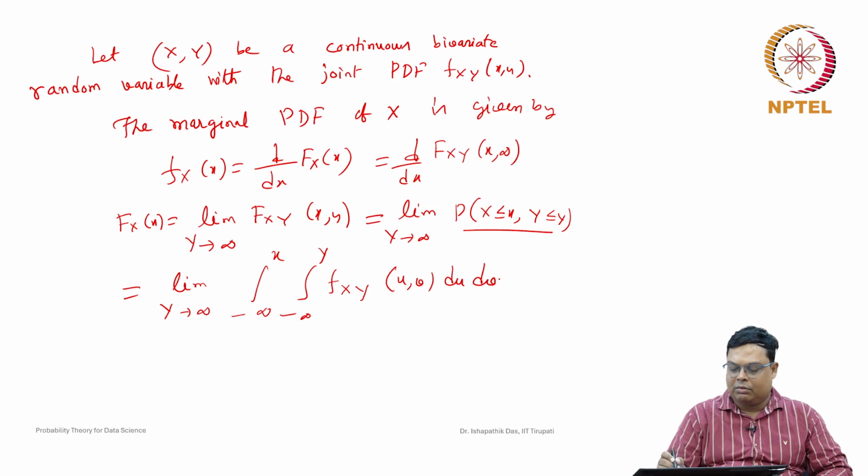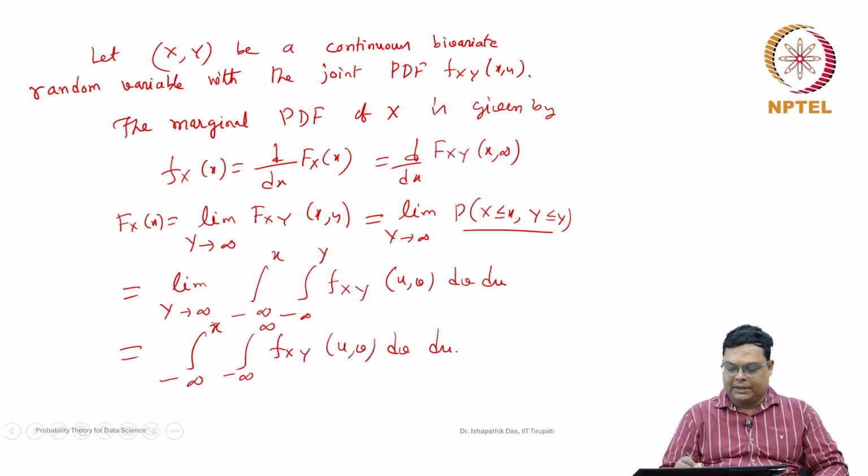Suppose we integrate with respect to v first, then du. If y goes to infinity, we find the integral from minus infinity to plus infinity of f_{X,Y}(u,v) dv and then du. This is your F_X(x).